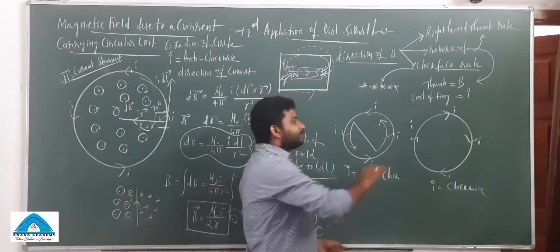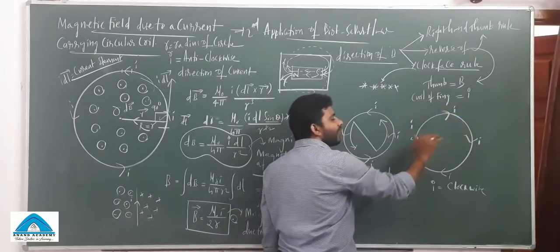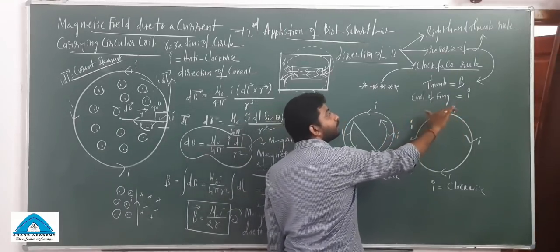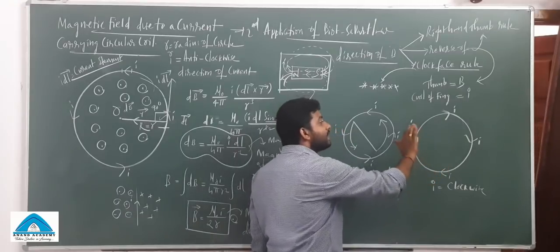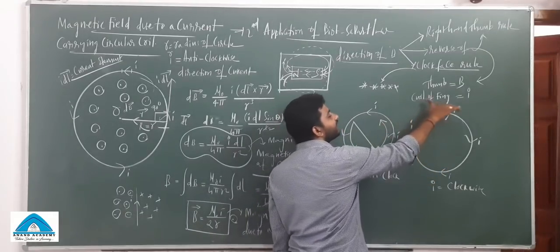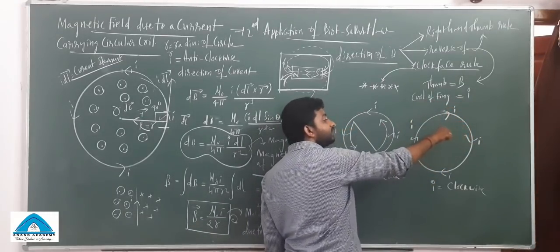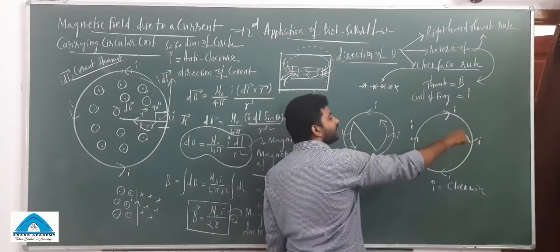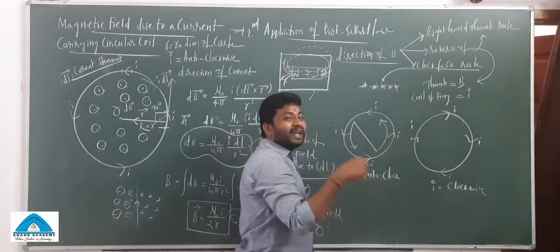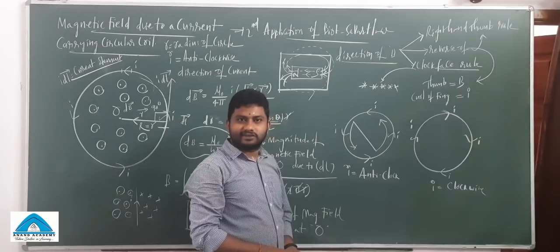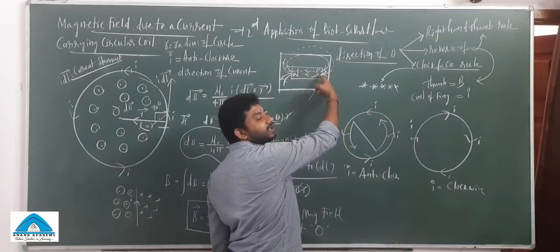You can see here the clockwise direction. If I apply the right hand thumb rule and its reverse, you can see the curl of the fingers is pointing in the direction of current, and the thumb is representing that the magnetic field lines are into the plane. Into the plane means the magnetic field lines are moving into the plane.